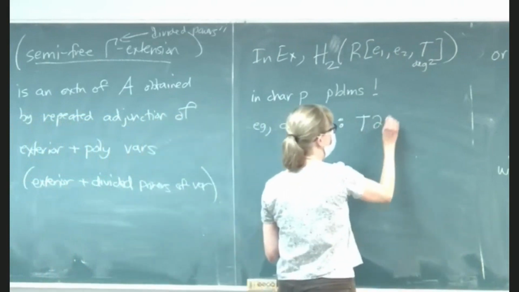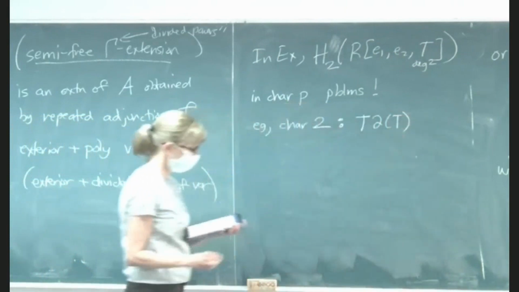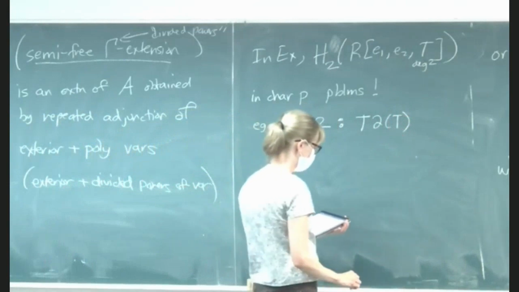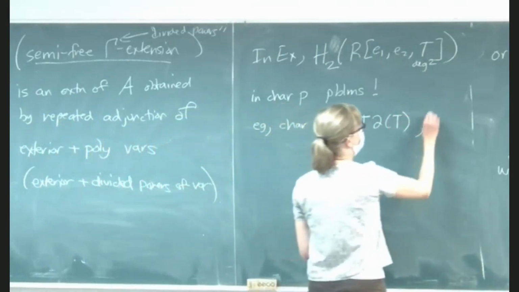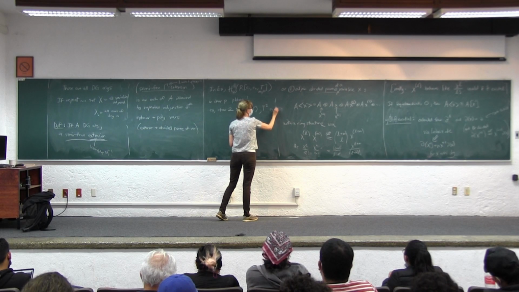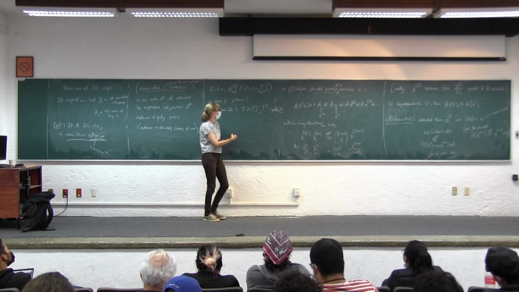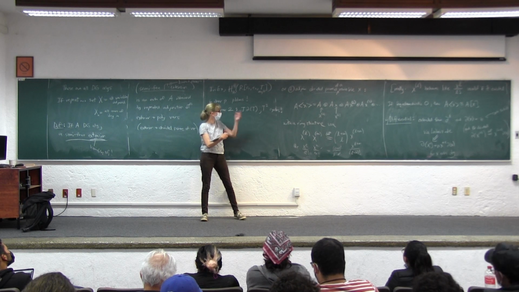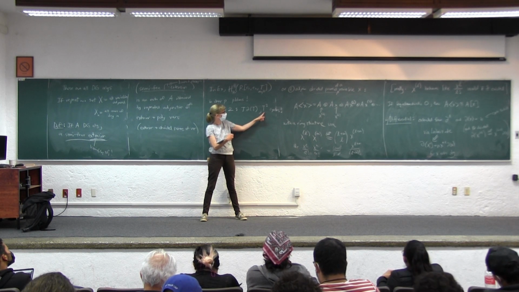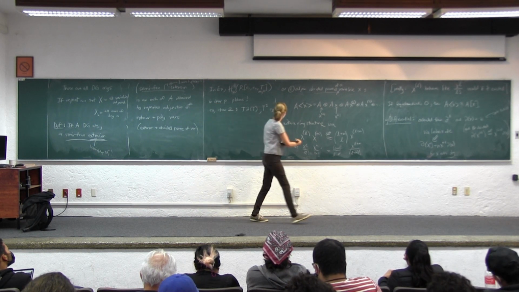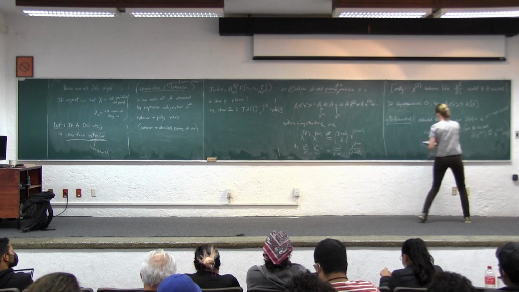So here are the two kinds of things. T times the boundary of T and T squared are both cycles. Why are they cycles? The first one you can just compute, but the second one, the reason it's a cycle is here.